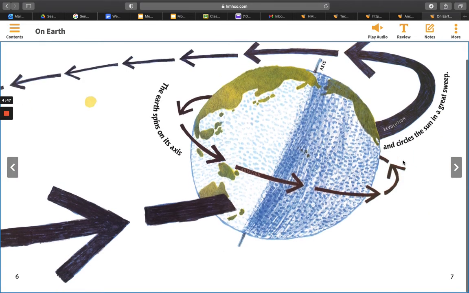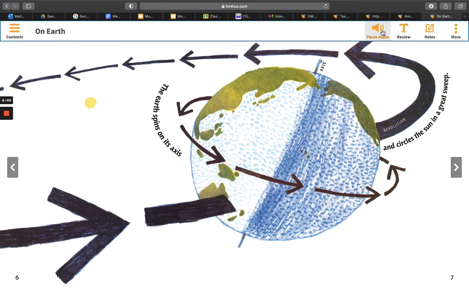We're going to listen to that page one more time. The Earth spins on its axis and circles the sun in a great sweep. Axis. Rotation. Revolution. Okay, so here's our axis, and it says rotation. So our Earth is spinning on the axis, going around in circles, and a revolution is one trip around our sun.